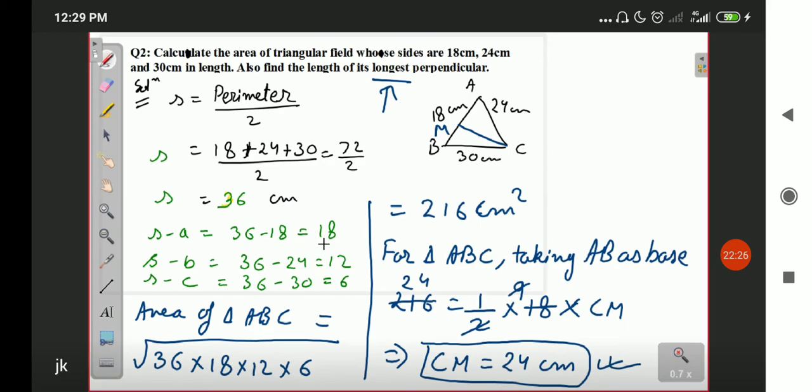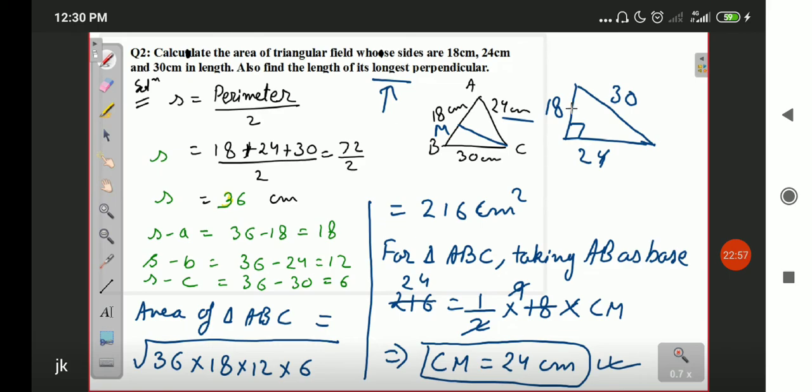This is actually a right angle triangle with one side 18, one side 24 and the other side 30. Why so? Because when we took 18 as the base, the perpendicular came as 24. In the same manner, if you take 24 as the base, the perpendicular will be 18. Okay, I hope you get it up till now.